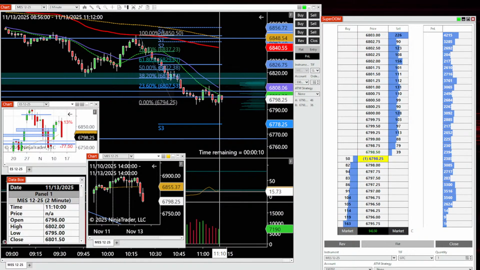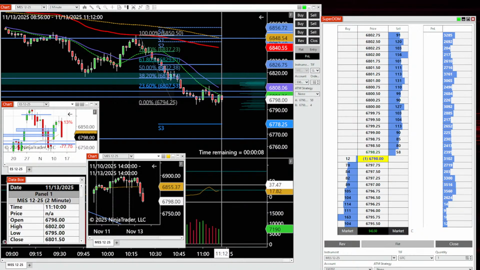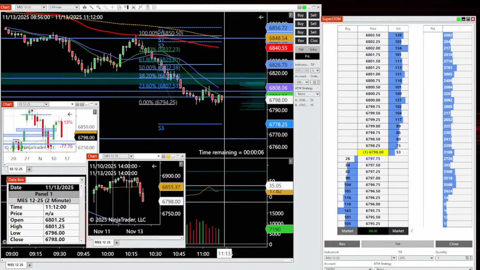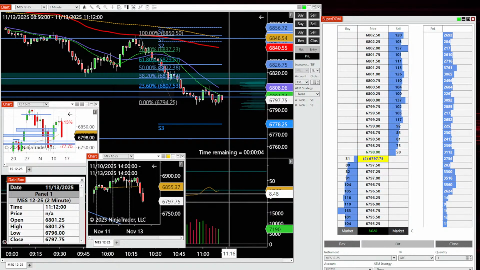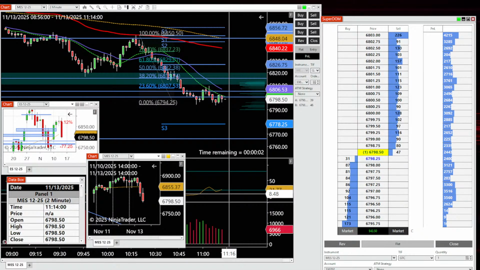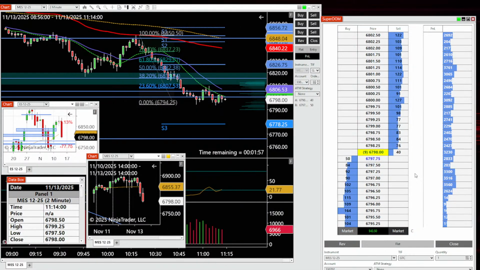Yeah, if this stochastic came out, I would like to see this come up and roll over, because for the most part, the first half it's just been dumping.